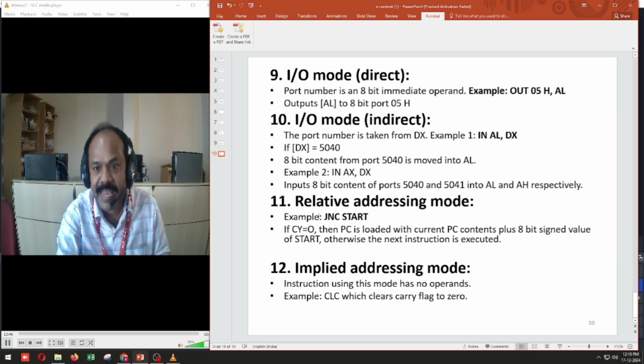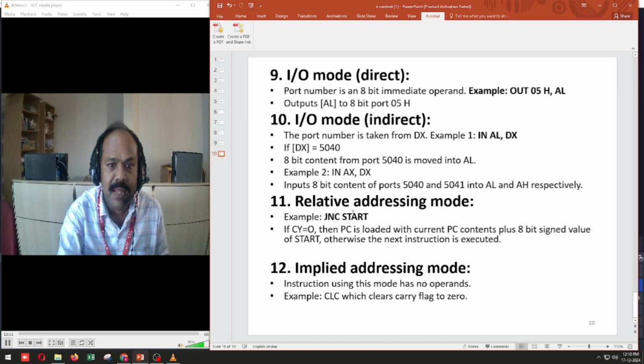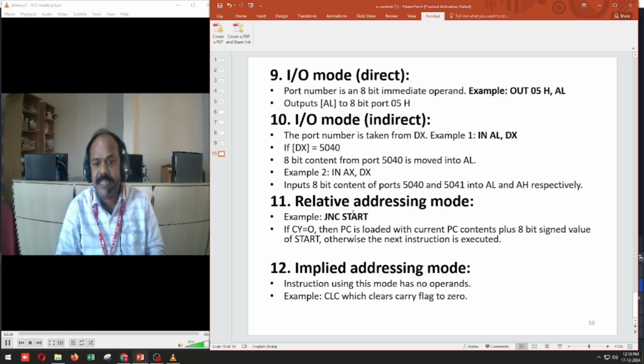And the last but one is the relative addressing mode. Here the address will be relative to the current content of the program counter. For example, look at this mnemonic, JNC START, jump on no carry.